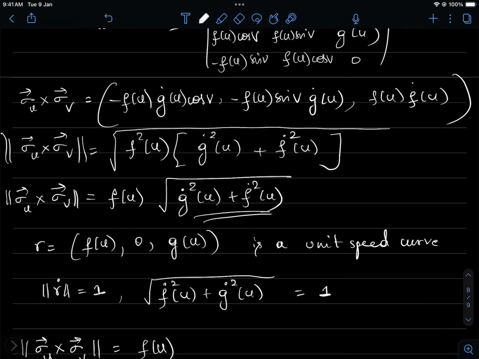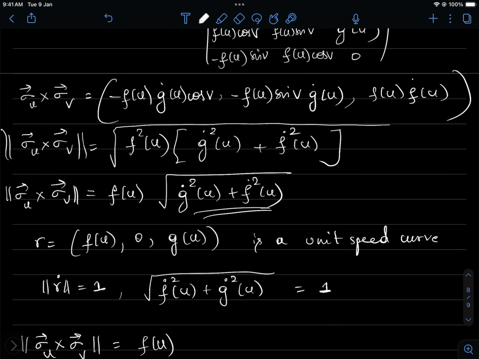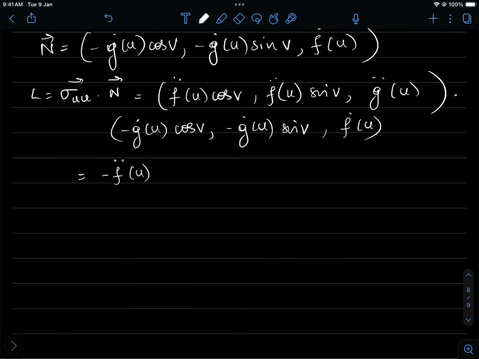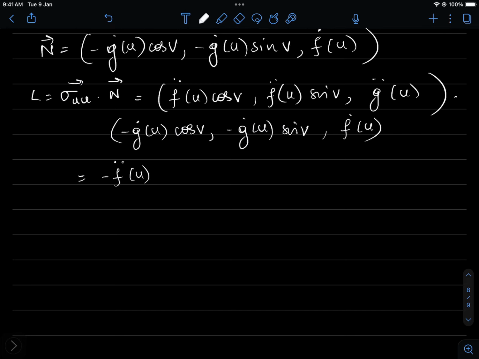No. Okay, cos square v f double dot g dot u cos square v.